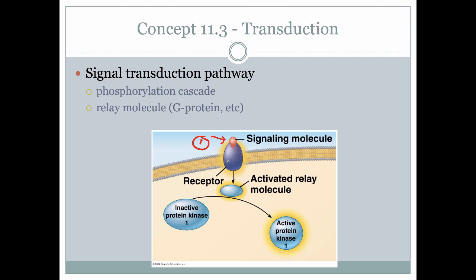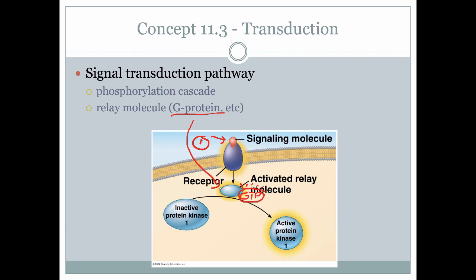That receptor will activate a relay molecule. So for example, we already learned about G proteins. So let's imagine that this is a G protein. Okay, so this G protein is now going to be GTP bound and it will be active. Well, I told you that some G proteins can activate enzymes in the plasma membrane, but other G proteins can actually go and activate protein kinases.